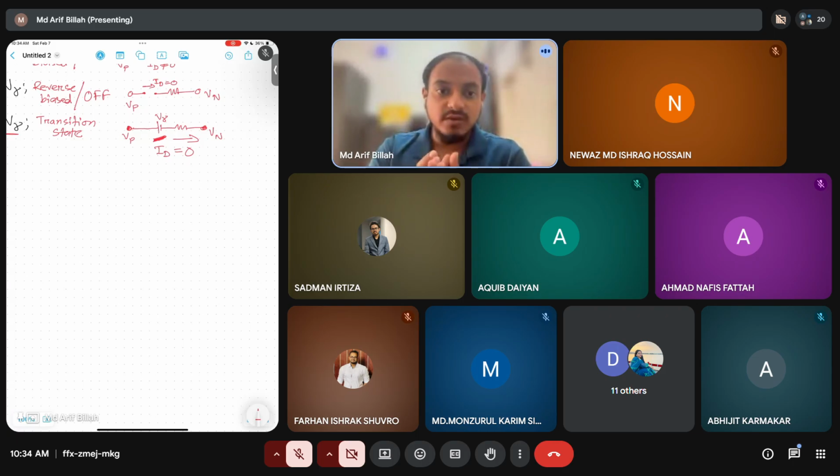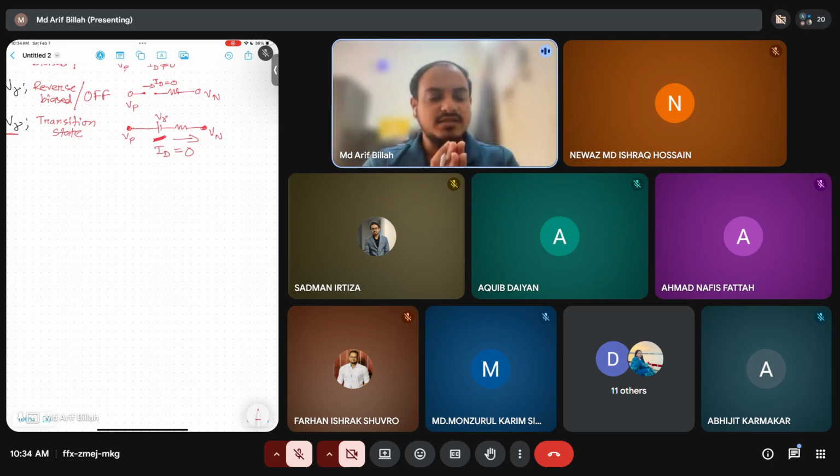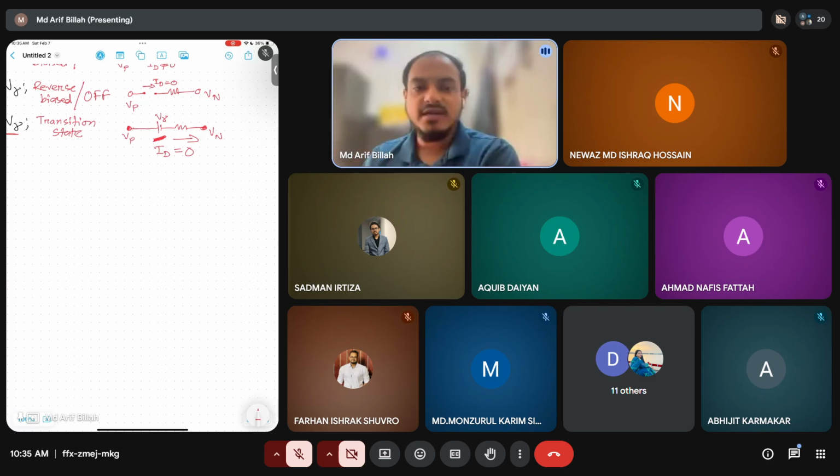So at transition state, when the potential is equal to V gamma, তখন it's like an equilibrium. আপনি যদি ফিজিক্সের কথা চিন্তা করেন, there is no depletion region, but there's enough force to sort of get the depletion region to zero, but not enough to get a current flowing. হ্যাঁ, ওই ফরওয়ার্ড ভোল্টেজের পরে if you put any more voltage in, তখন current starts flowing.